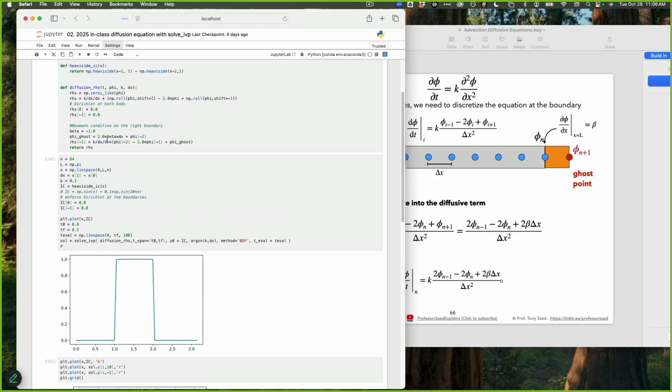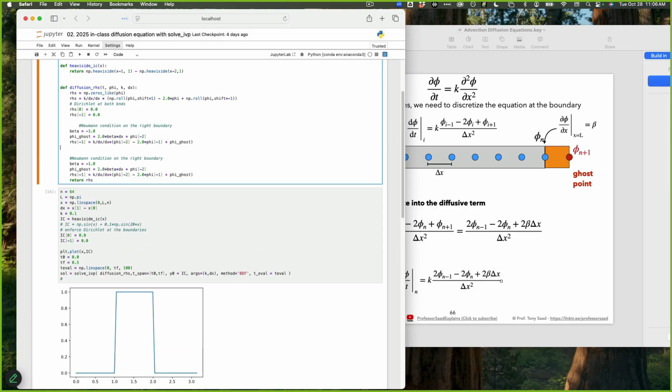Now let's do the left boundary. So I'm going to copy this and paste it. Neumann condition on the left boundary. And I'm going to call this alpha on the left boundary.